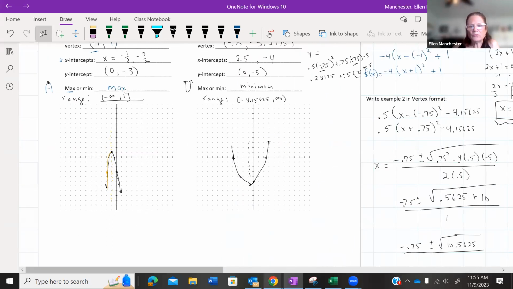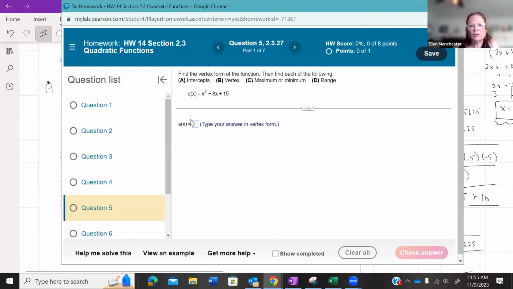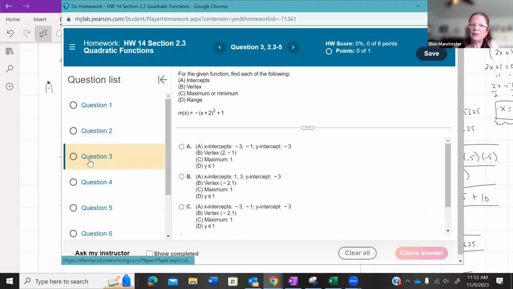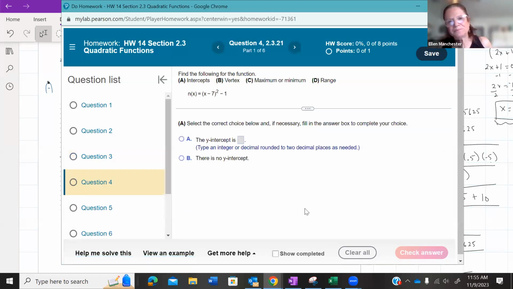Let's look at one more in my math lab, because it's going to look a little bit different. So let's do this one. And then after this we'll take a break. See how this one is in vertex format already. So you're going to do the exact same thing and find all the same things, but now you're looking at it in vertex format.